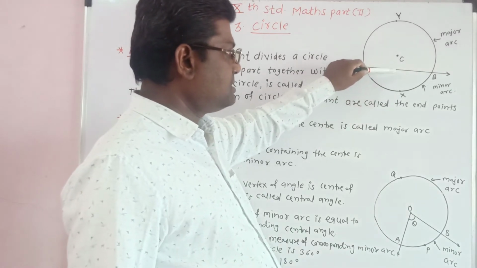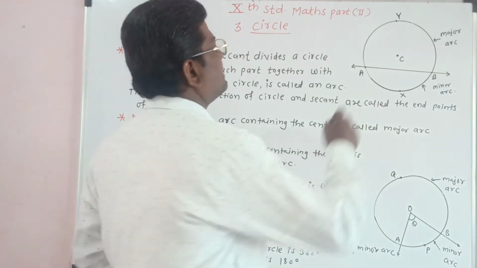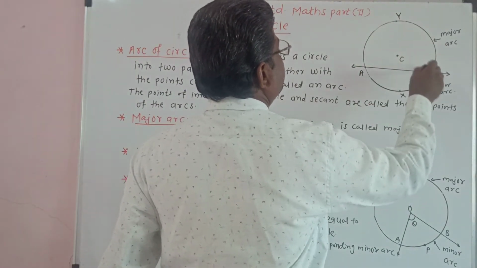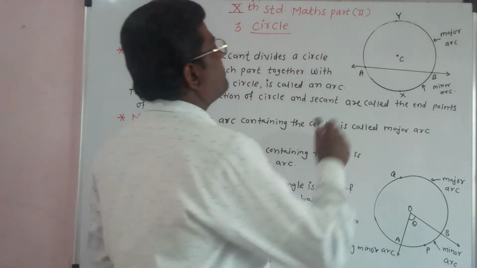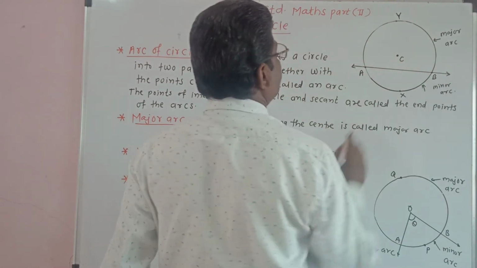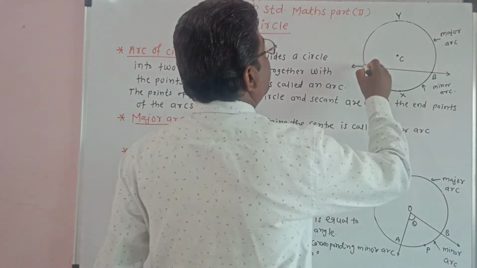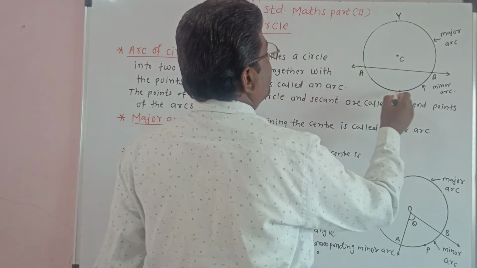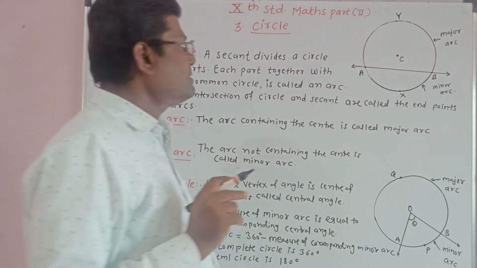Due to this secant AB, the circle is divided into two parts, this part and this part. So these two parts, with the common points with the circle, that is, one part is AYB and another part is AXB, are called an arc of a circle.